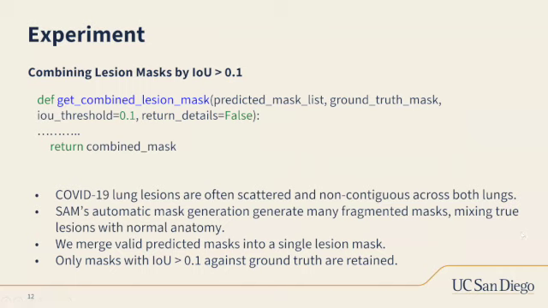Because the COVID lung lesions are often scattered and non-contiguous, and also because the automatic mask generation pipeline only generates separate masks, we have to define a combining mask function, in which we use the IOU score as a threshold to identify and retain the masks that really correspond to the true lesions in the ground truth mask, combining them into a single final mask for further evaluation.